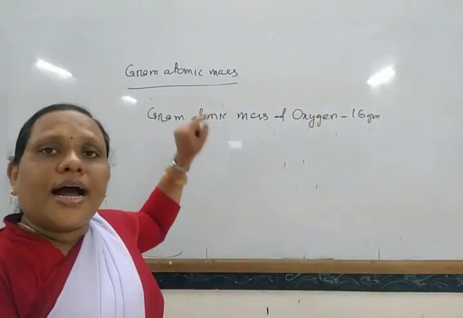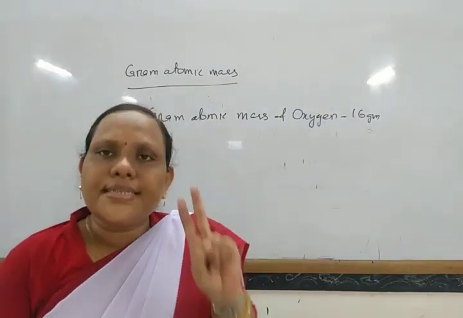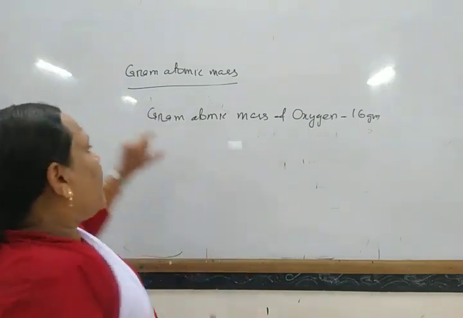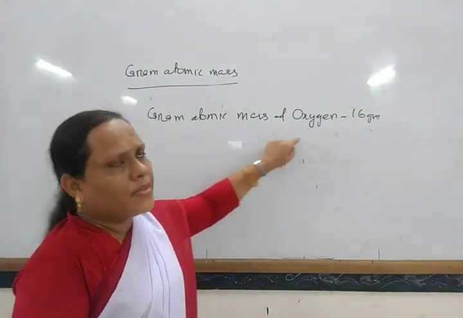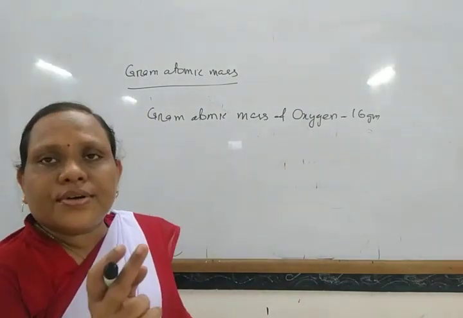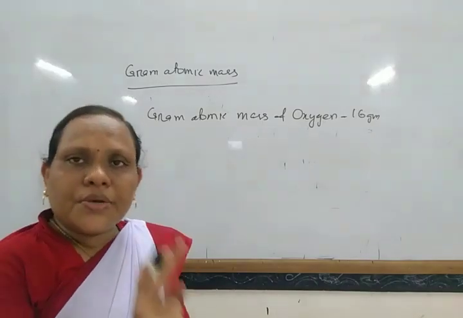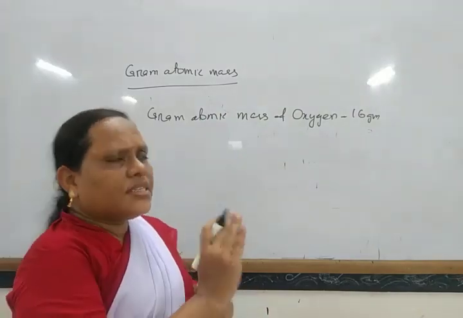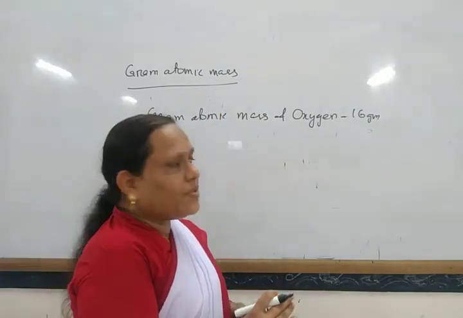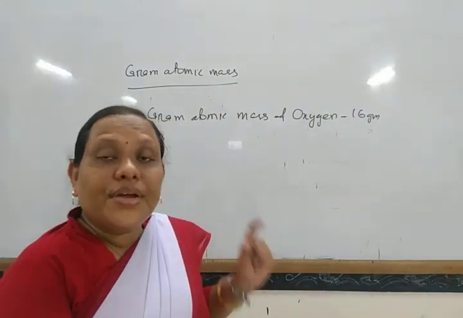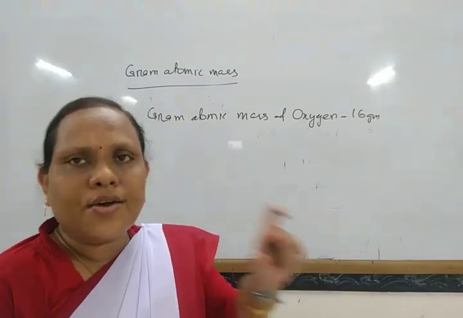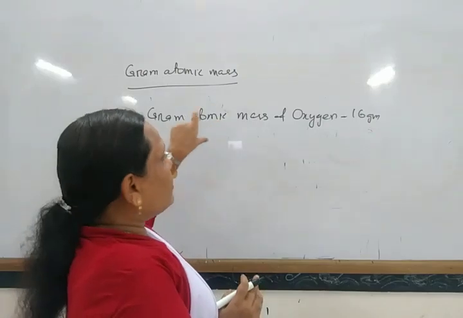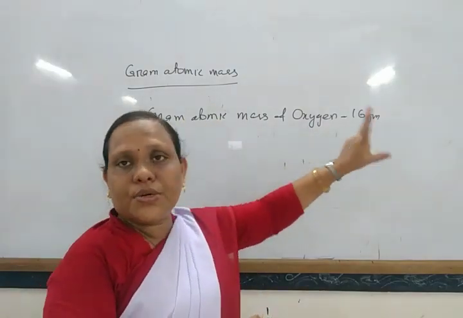But the atomic mass of oxygen is 16 amu, which is the mass of 1 atom. And 16 gram, the gram atomic mass, always contains 6.02 times 10 to the power 23 atoms. These relations we will discuss again in the mole concept.